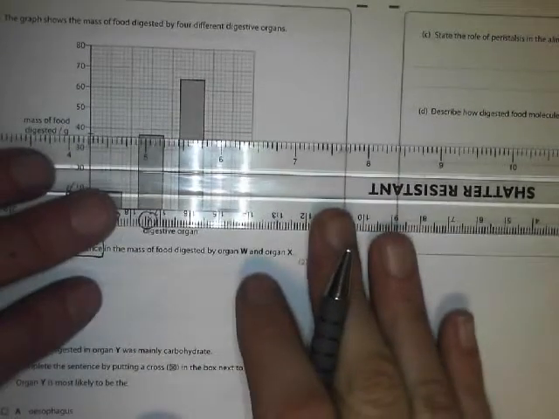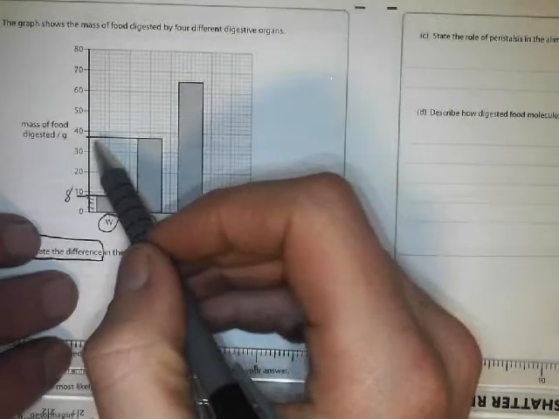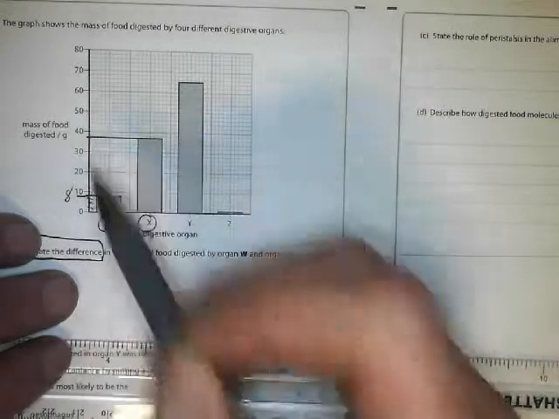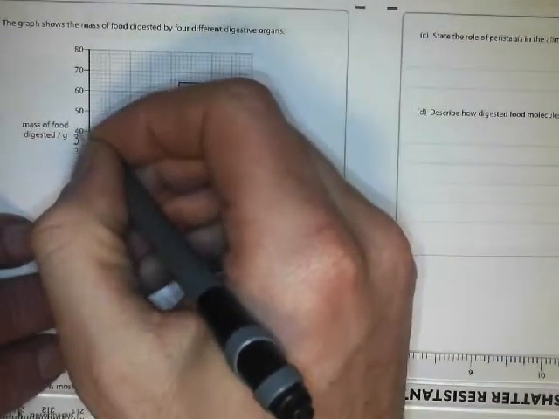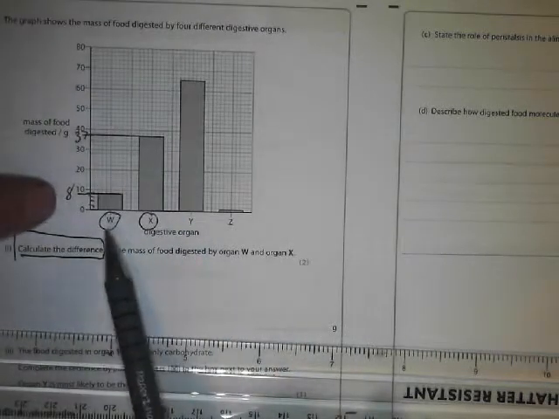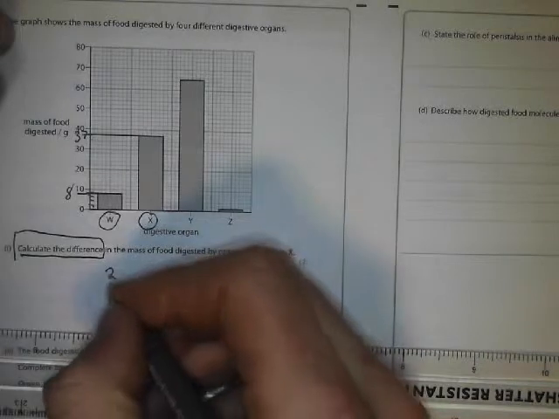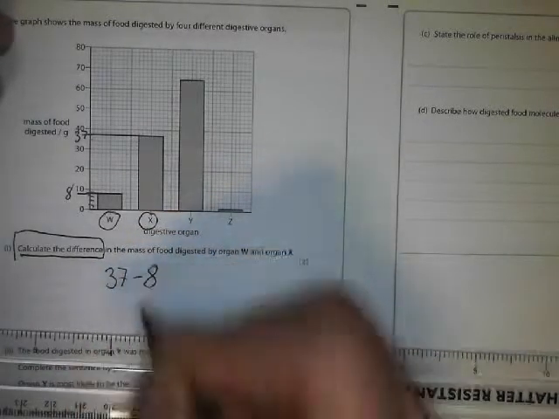And going across, see, I'm drawing on my paper. And this is actually in between, look. So that is in between 36 and 38, which of course everybody knows is 37. So X is 37, W is 8, sorry. So my sum is 37 minus 8.